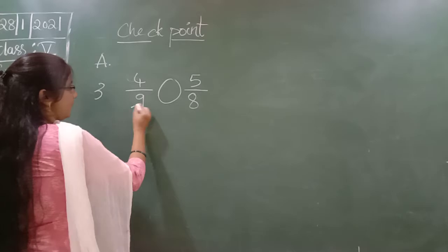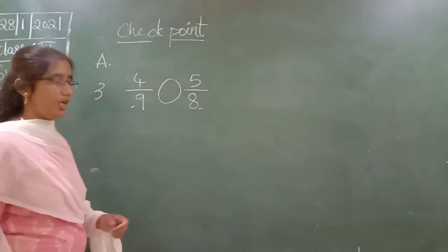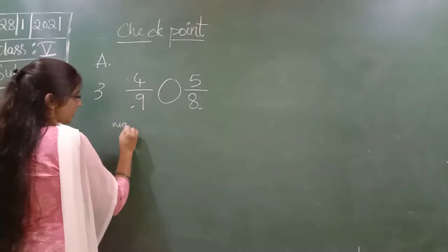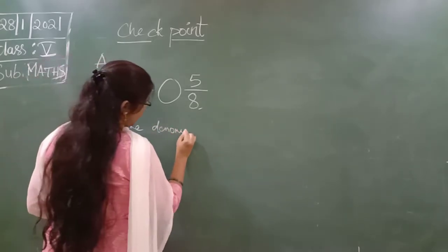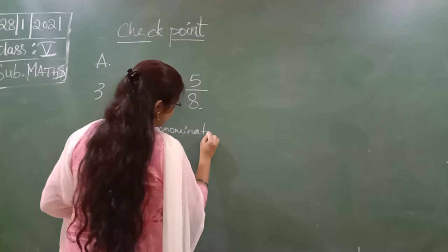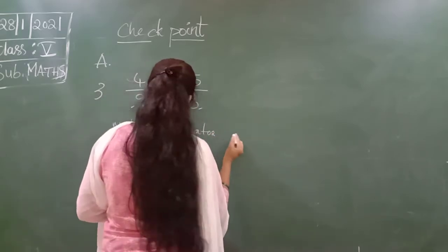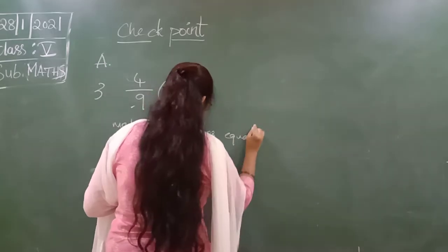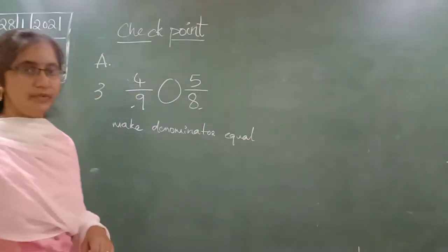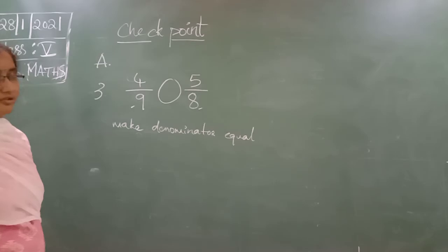We have to make the denominators equal. So how do we make the denominators equal?